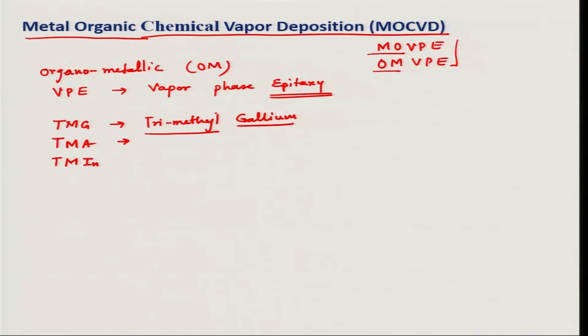Okay. Now, aluminum and indium, you can use many such compounds.